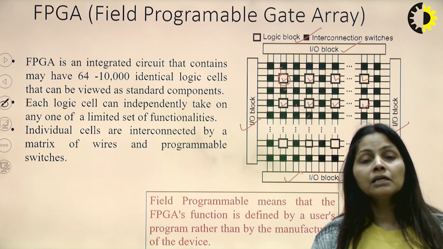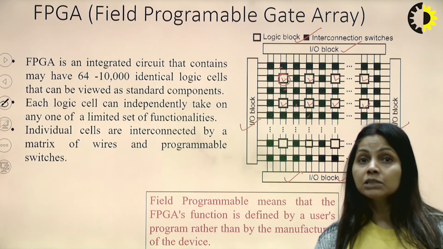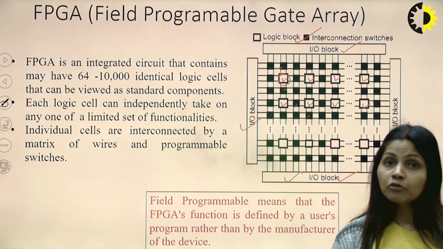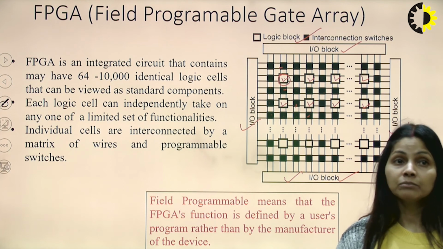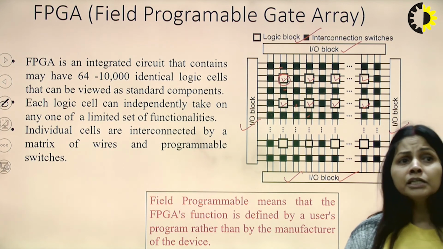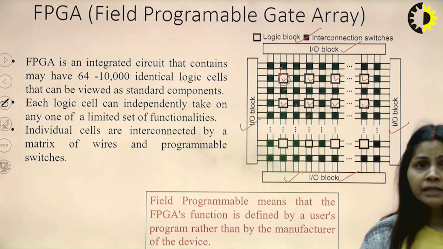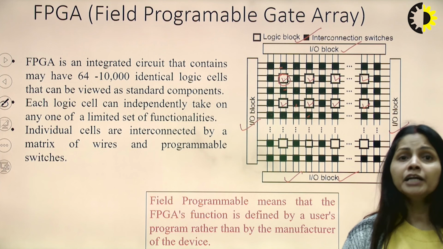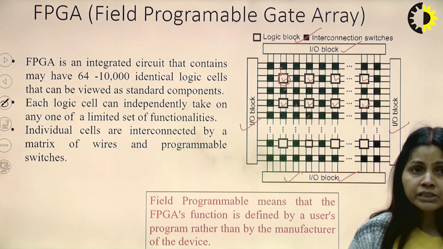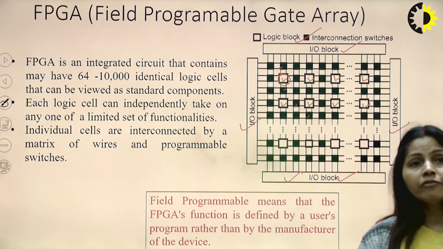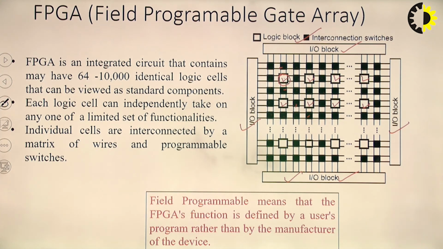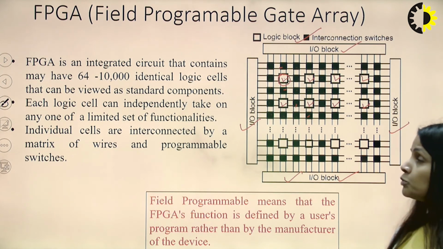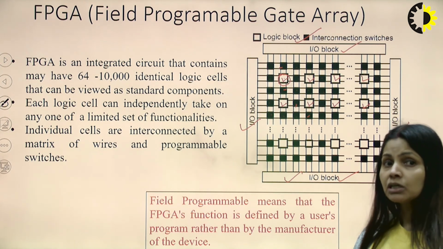The number of these blocks contained in a chip is 64 to 10,000; 64 is the minimum and 10,000 is the maximum. Each logic cell is independent and can perform any defined function. Individual cells are interconnected by wires and programmable switches. These are the interconnections, or the switching modules which connect these logic blocks.